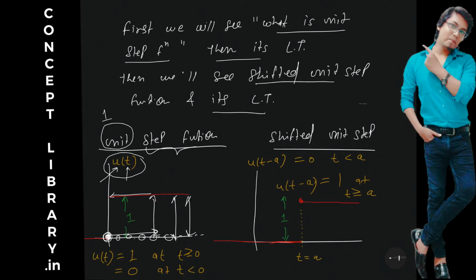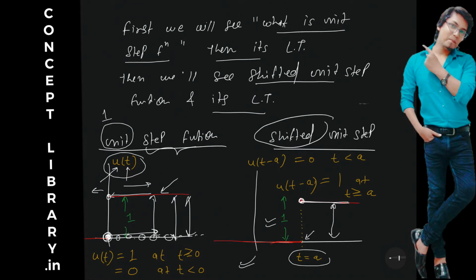What is the meaning of shifted? When this red line will not start from here, when it will start from somewhere on the right side or left side. For example, in this graph, this height is 1. This line is starting from the point t is equal to a.